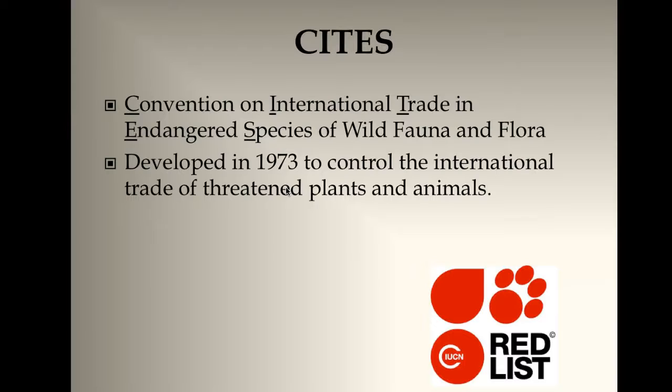A red list is basically a list of all the plants and animals by location that are threatened or endangered. So again, just a reminder, that word endangered means the organism is in danger of extinction. So it's a much more severe classification than threatened.